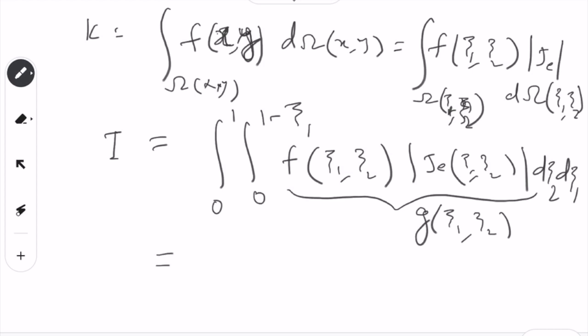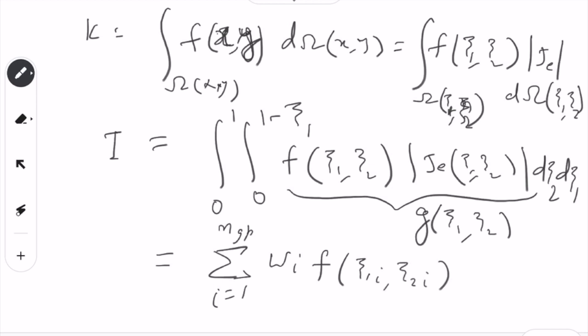So let us say this is equal to the sum over i equal to 1 to the number of Gauss points. Gauss quadrature for triangles, which we can use, equals W i times F of xi1 i and xi2 i.